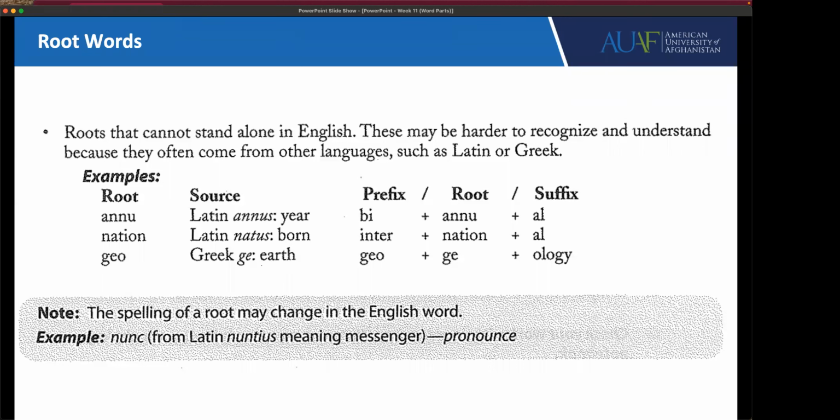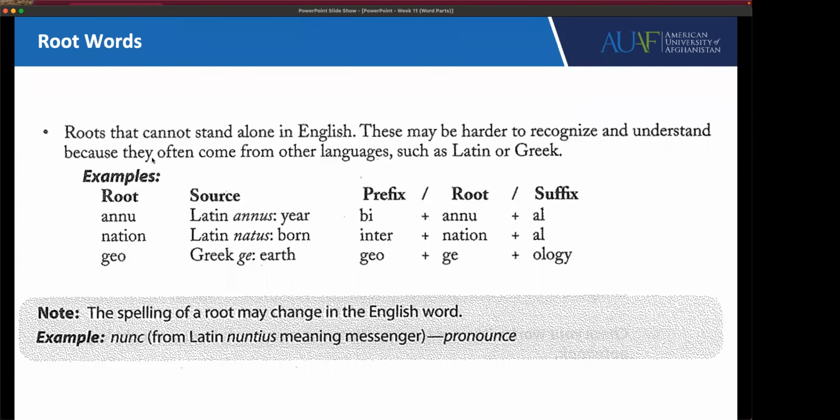Nation: Latin natus, born. International, right? Geo: Greek ge, earth. Geology, right.